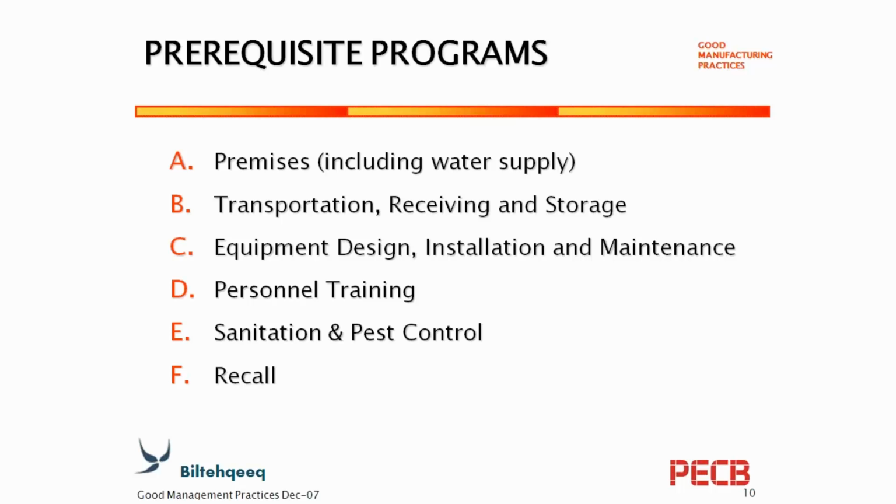So if you are reported, or you notice, that something bad happened or some non-conformity has occurred after the goods have been dispatched, then you have to have a proper system to recall all the products which have been dispatched.